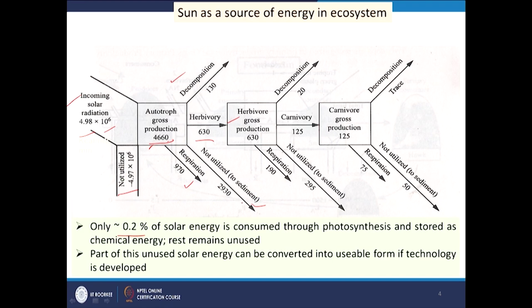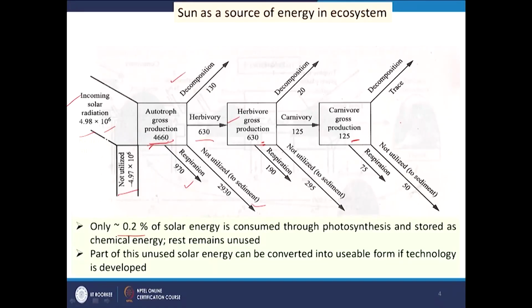So, this is the distribution of the total 4660 units of energy, and 630 comes to herbivores, then out of 630, 125 goes to carnivores. These are the distribution of solar energy which comes to the earth and is taken up by plants through photosynthesis for organic compound production, and the forward flow.